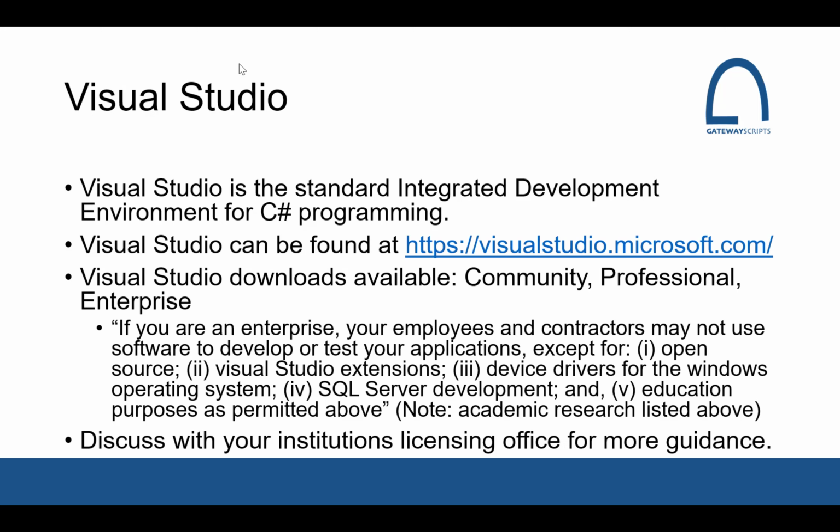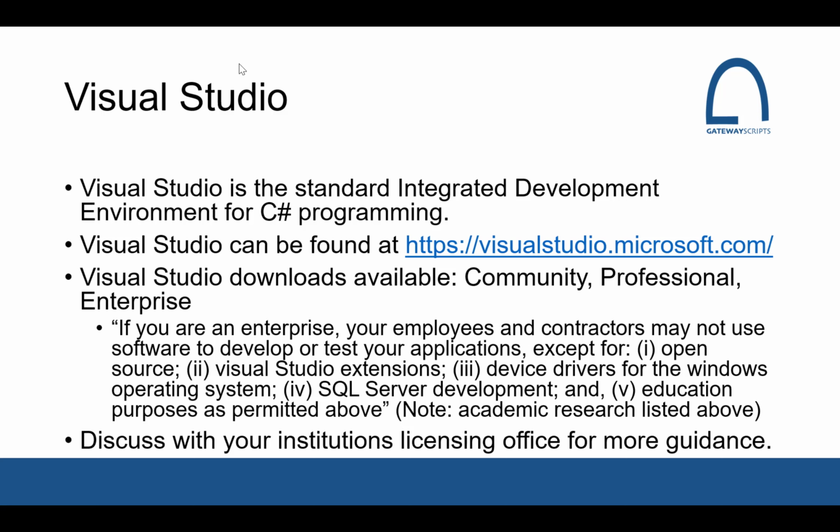Visual Studio is the standard for integrated development environments using C# programming and .NET framework development. Visual Studio can be found by searching the web for Visual Studio or by going to visualstudio.microsoft.com. There are 3 different Visual Studio downloads available: Community Edition, Professional, and Enterprise.